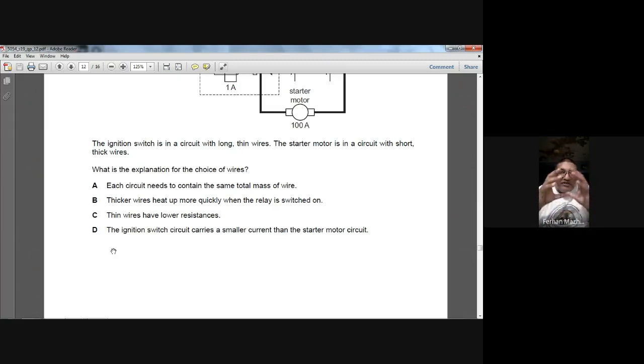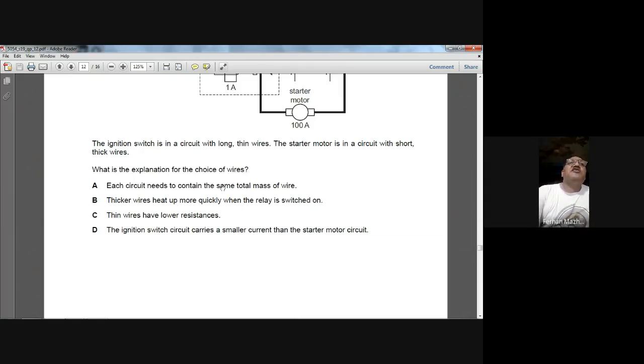Their diameter should be larger. But the relay has only 1 ampere current, so it can have thin wires, because thick wires have low resistance, and there are 100 ampere current in it. So we need to use wires which have low resistance, otherwise there will be too much heat produced.